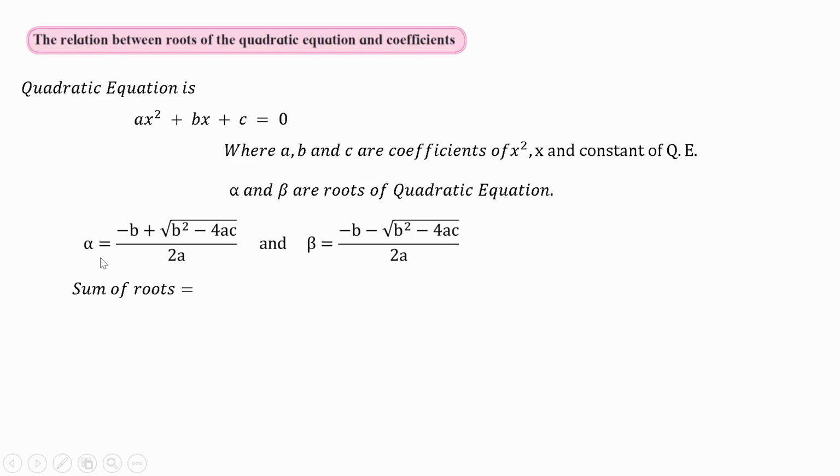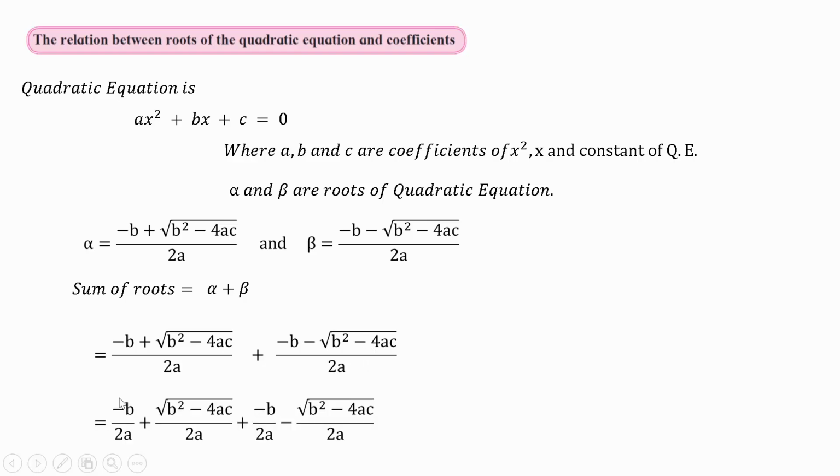First, the sum of the roots. The first root is alpha and the second is beta, so the sum of the roots means alpha plus beta. We know the values of alpha and beta, so the sum is minus b plus under root of b square minus 4ac, by 2a, plus minus b minus under root of b square minus 4ac, by 2a.